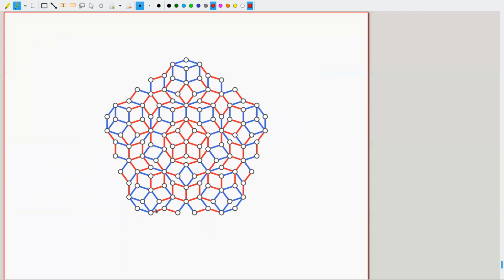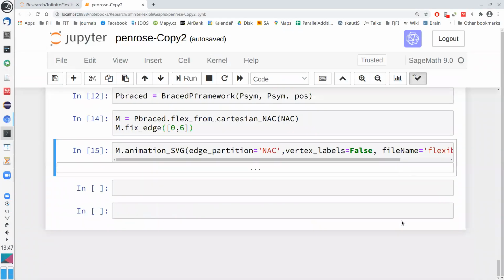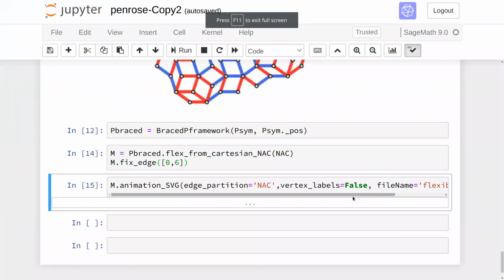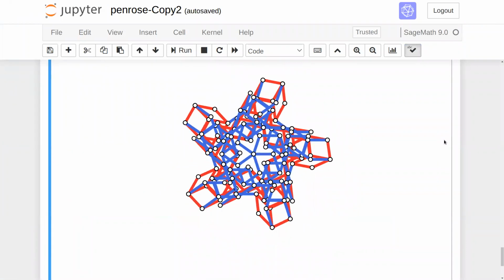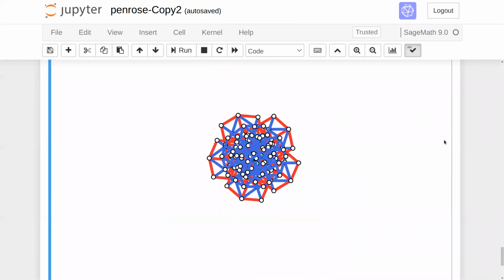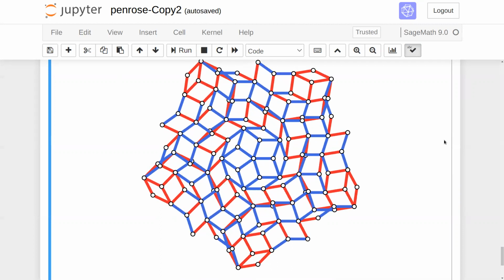And here is the corresponding NAC-coloring that we get when I take only the finite piece and compute all the NAC-colorings of this one. I should also have something animated, so you can see the whole flex. So here it would be how it's flexing using the NAC-coloring you saw in the slides.